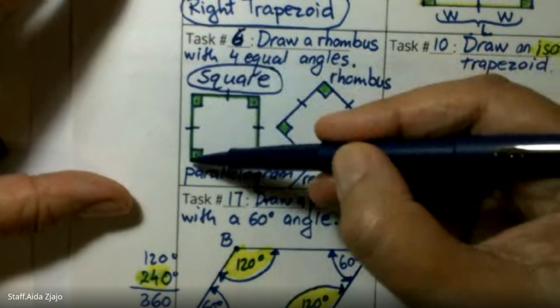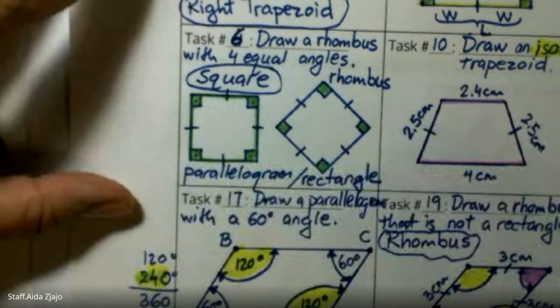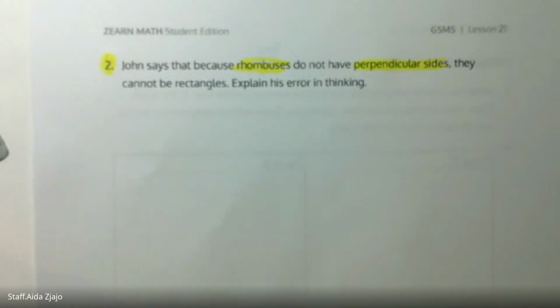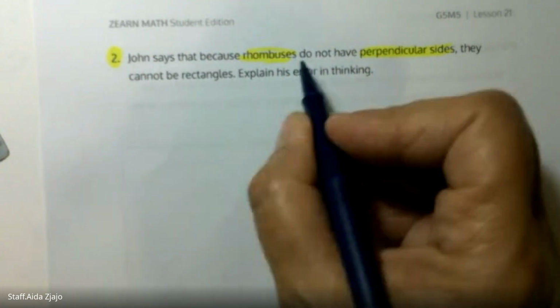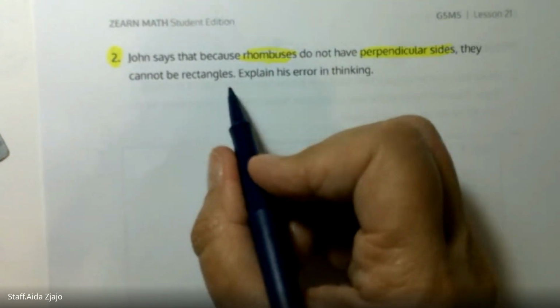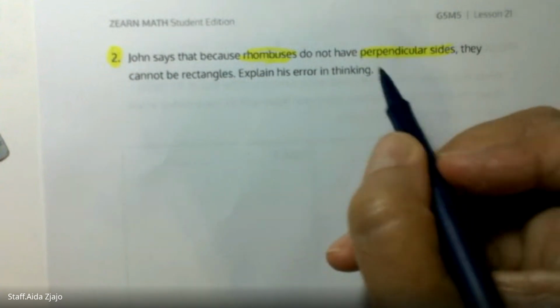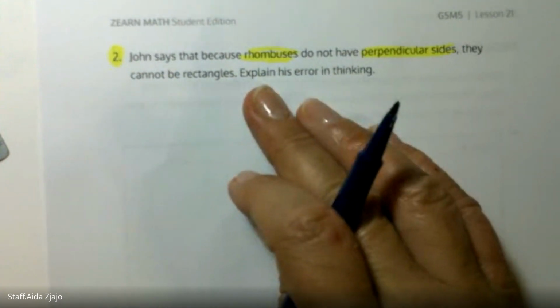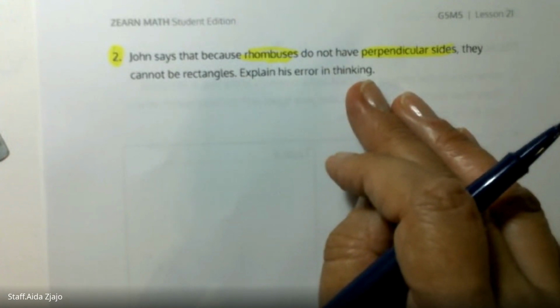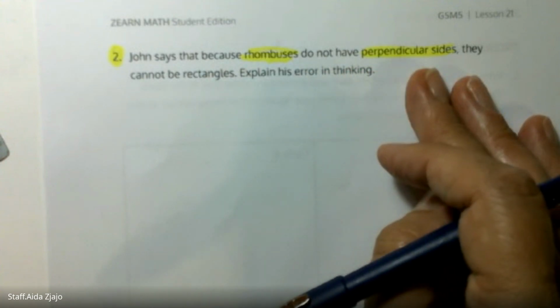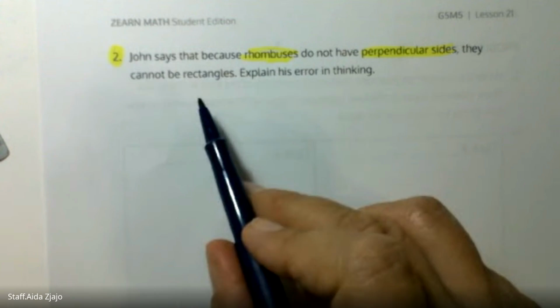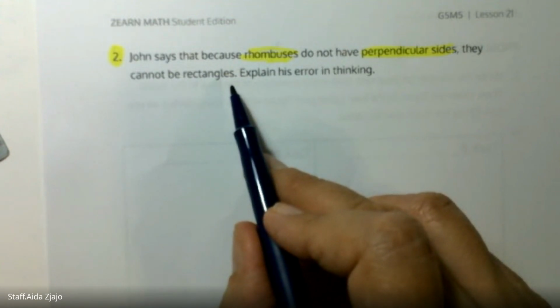If I extend this line and this line, it's perpendicular. So they cannot be rectangles, and a square is a rectangle. So how can we explain the error in thinking? John says that because rhombuses do not have perpendicular sides, they cannot be rectangles.